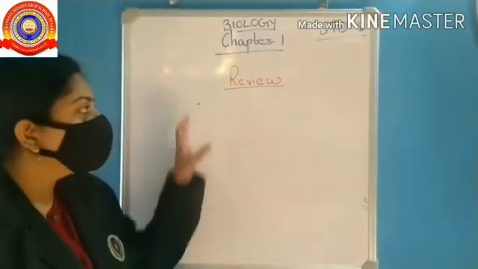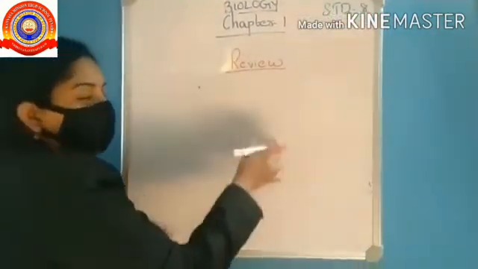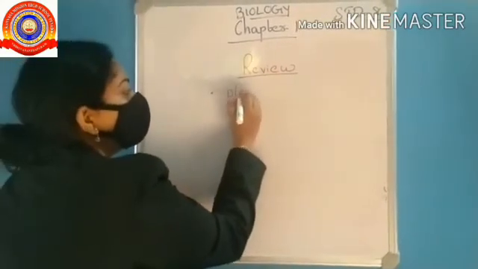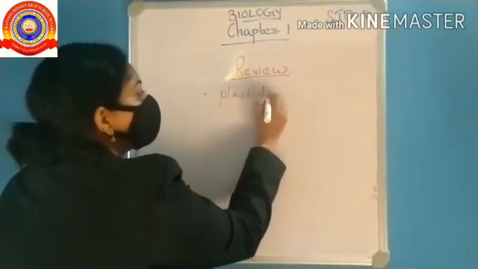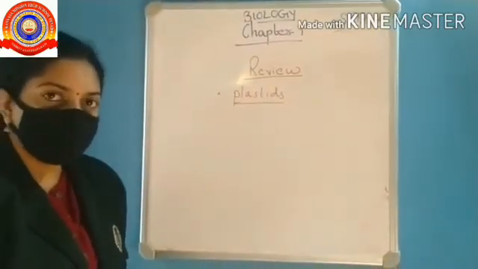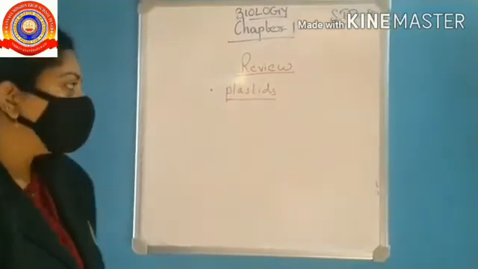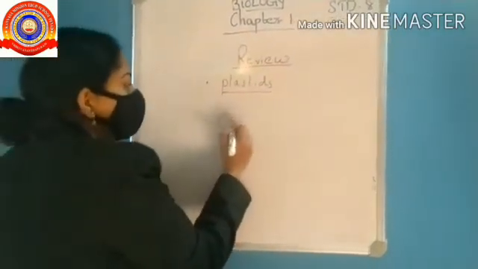Okay children, let's conclude our today's session. Today we studied about plastids. Plastids are three kinds. The chloroplast, chromoplast and leucoplast are the three kinds of plastids.